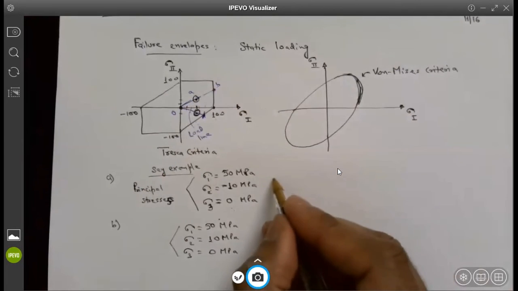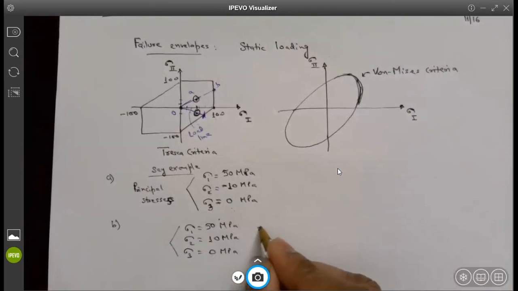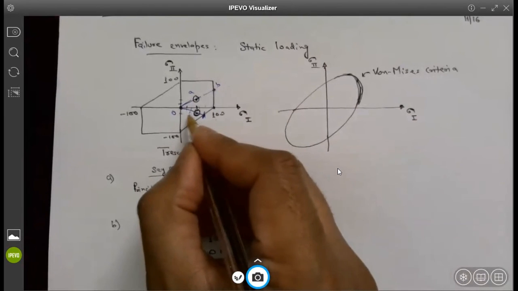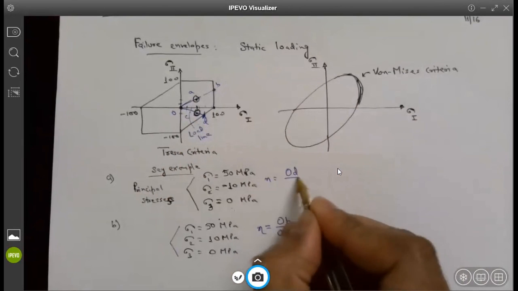And the factor of safety in this situation would be, let's say N equals OB divided by OA. And here, let's say this is C and this is D, the factor of safety will be OD divided by OC.